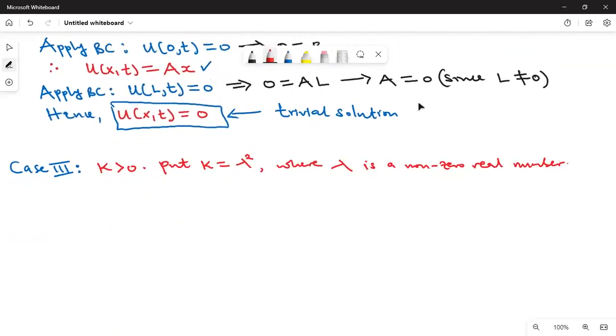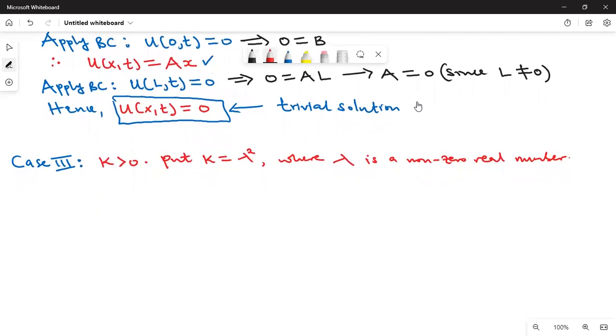So let me write here that equation star will now become: t prime over alpha t is equals to x double prime over x, and this is equals to lambda squared.